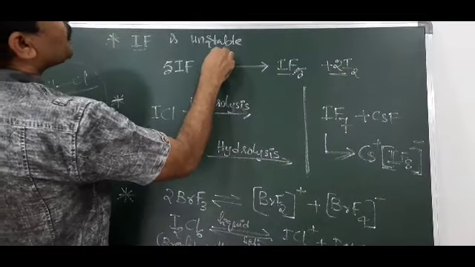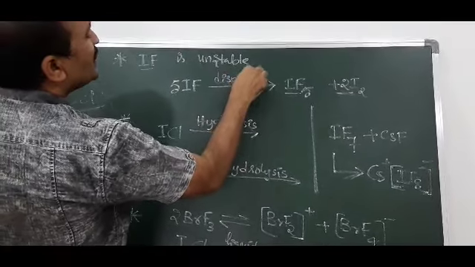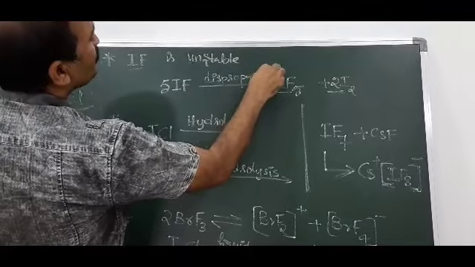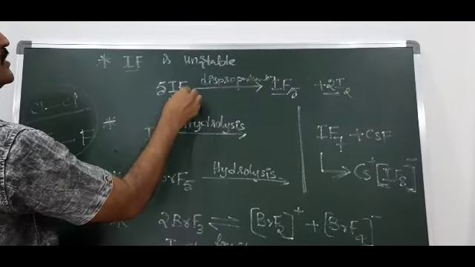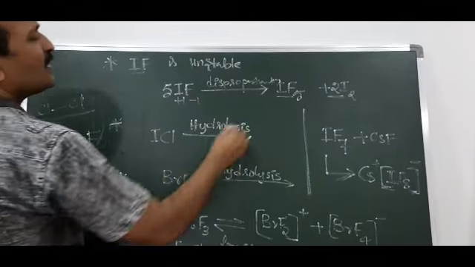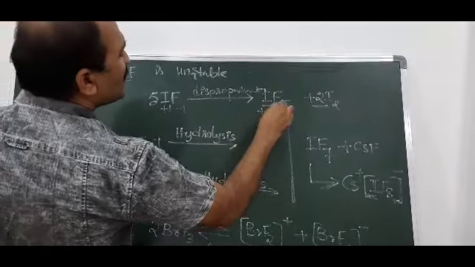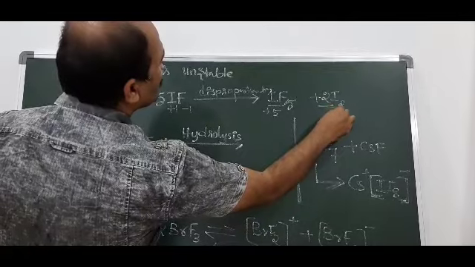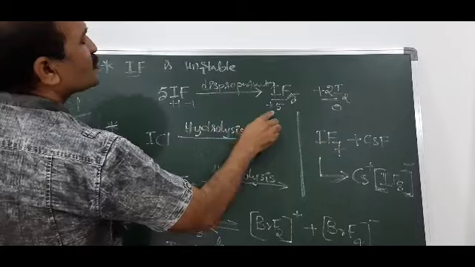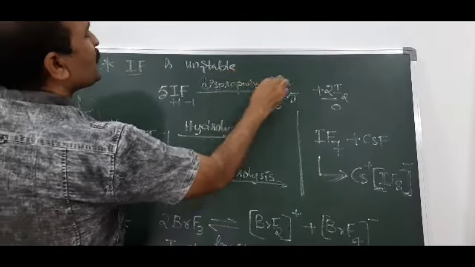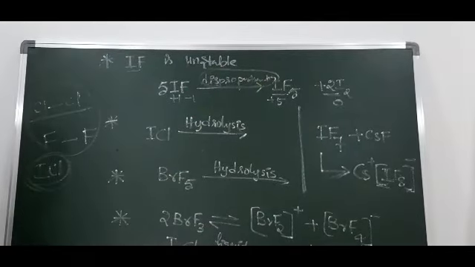This is a disproportionation reaction. In IF, iodine has +1 oxidation state and fluorine has -1. In IF5, iodine has +5 oxidation state, and in I2 it has 0 oxidation state. +1 changes to 0, and +1 changes to +5. So it is a disproportionation reaction.